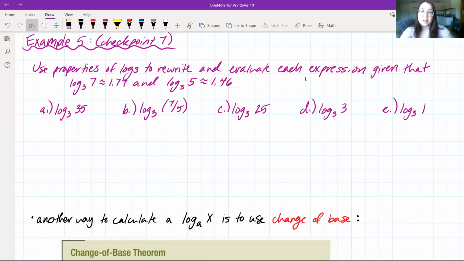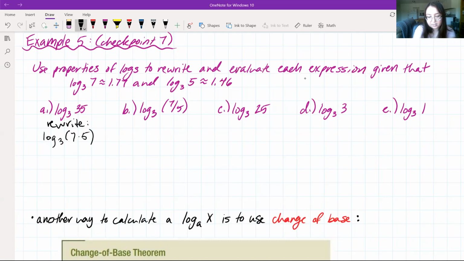But we know that 35 is equal to 7 times 5. So we're going to rewrite this as log base 3 of 7 times 5.